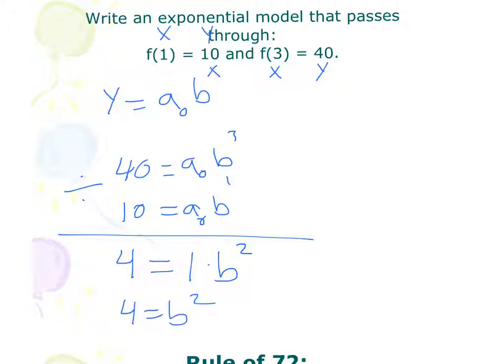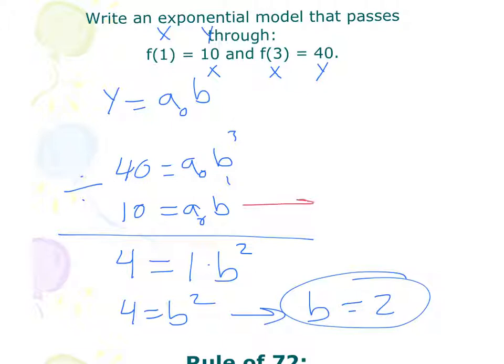So my growth rate squared is 4, and by taking the square root of both sides, my growth rate, b, is 2. Let's go back to this equation right here. 10 equals the starting amount times 2 to the first power. I could divide both sides by 2 and see that the starting amount is 5.